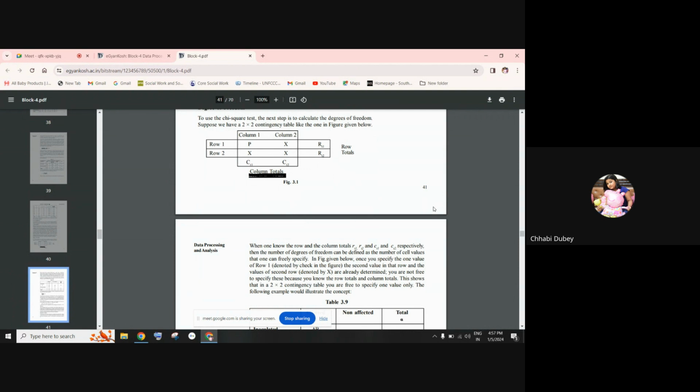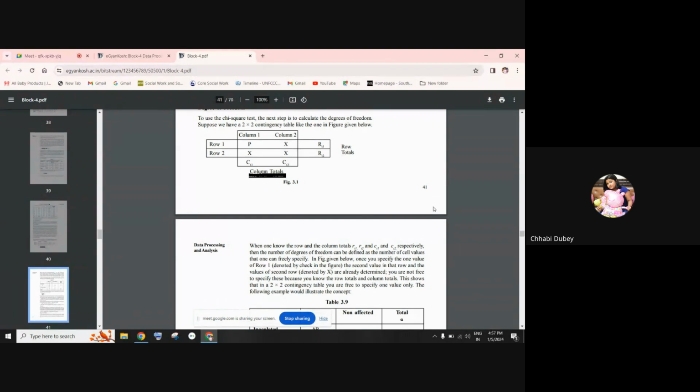They have given this 2 by 2 contingency table here, where the rows and the columns have been assigned different values, and when we know the row and the column totals, then the number of degrees of freedom can be defined as the number of cell values that one can freely specify.